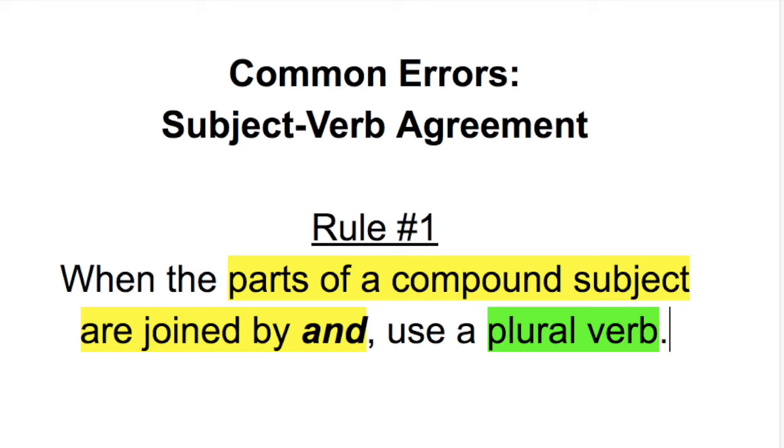All right, so if it's just the ice cream cone, that's one. But now I want an ice cream cone and a piece of chocolate cake. Can y'all tell I have a sweet tooth during all this? So that means I want more than one thing. So that's all that's saying is when you join two parts together using and, then we have to use a plural verb because our subject is now plural.